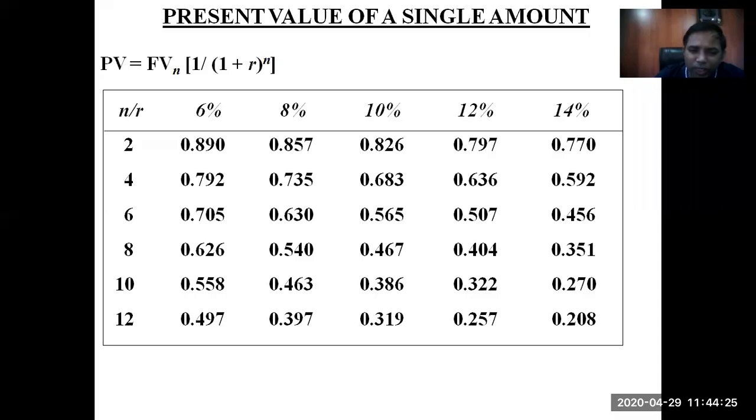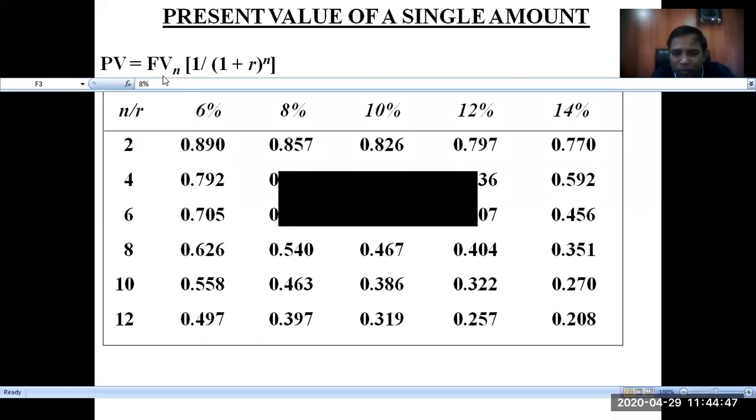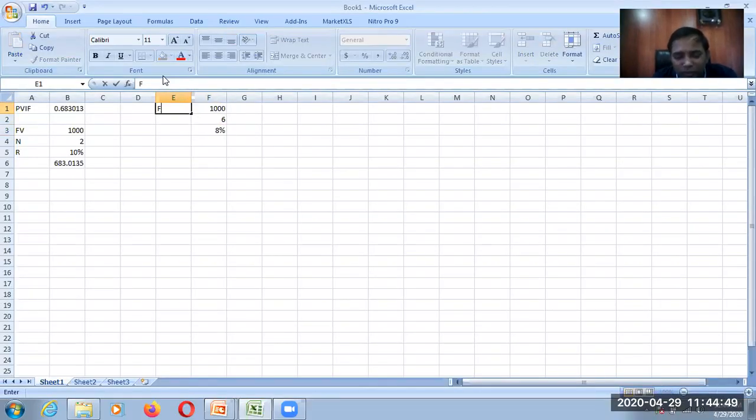So if I am calculating the present value of 1000 rupees, which I am going to receive after 6 years, discounted at 8 percent, I put the values into the formula. I am going to receive 1000 after 6 years, so this is my future value. This is the period, and this is the interest rate.